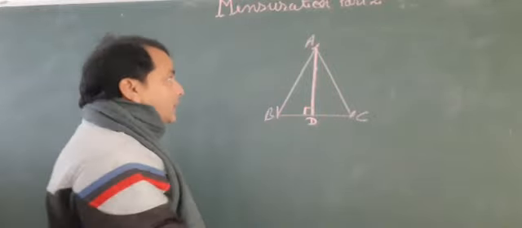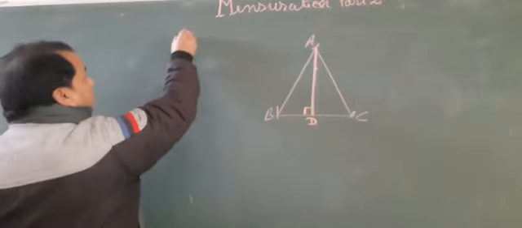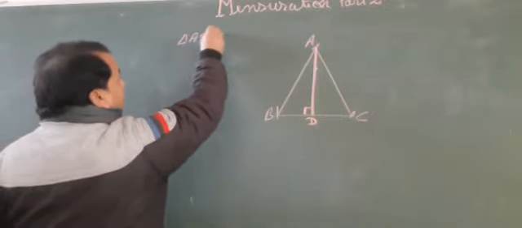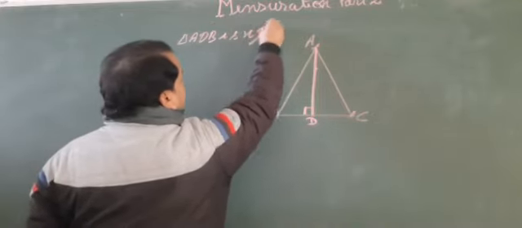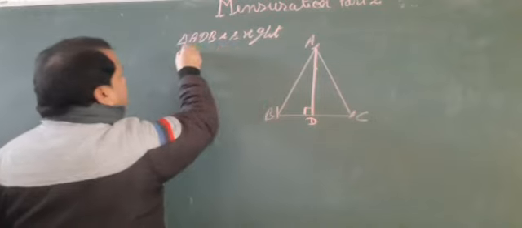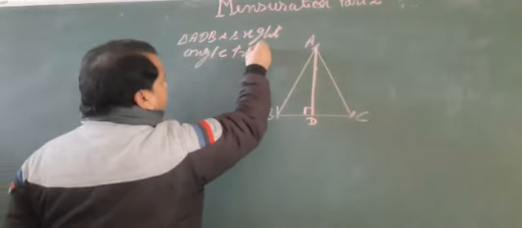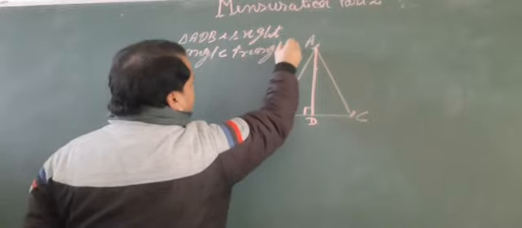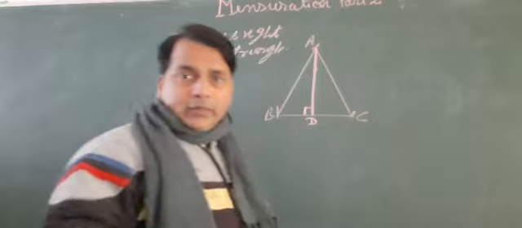So it is clear that triangle ADB is a right angle triangle. Triangle ABC is an equilateral triangle.